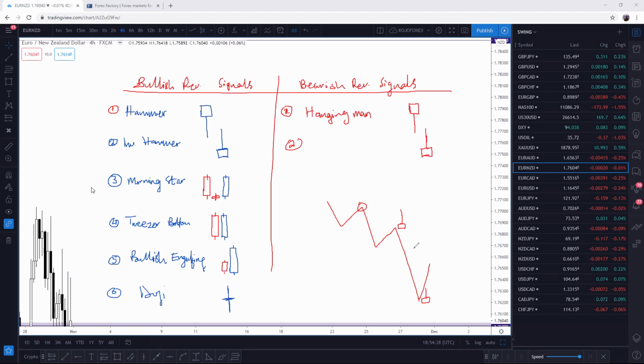So they are the same thing, but based on the position, the name was changed. So here with the shooting star, but here it was inverted hammer, because a hammer will be doing this here, but a hanging man will be doing this here.